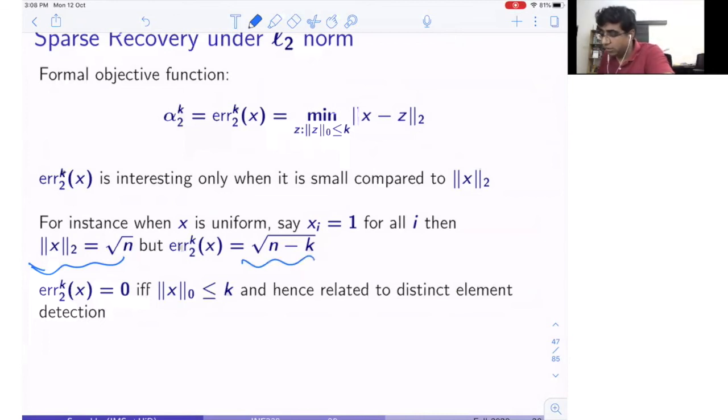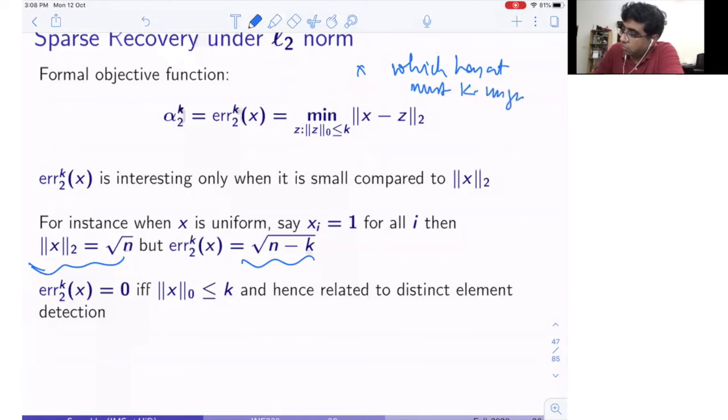But you also notice that if you are given a vector x which has at most k non-zero coordinates, then definitely the error will be 0, because you just take the same vector.